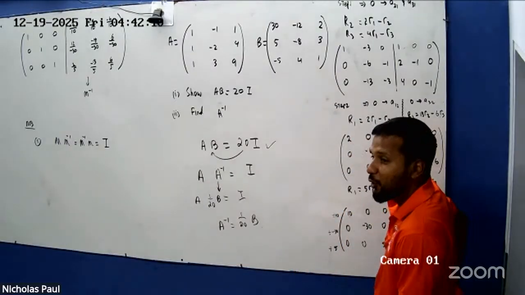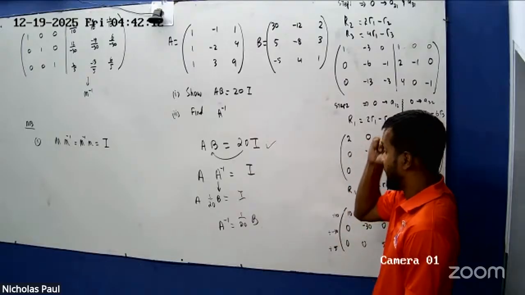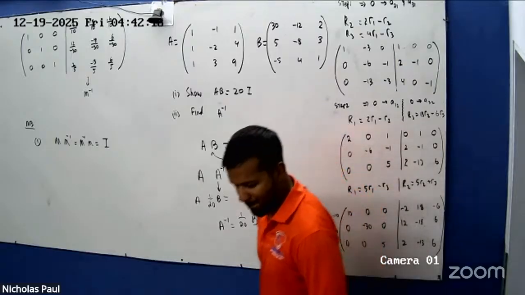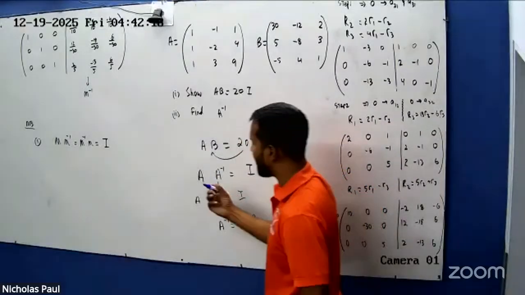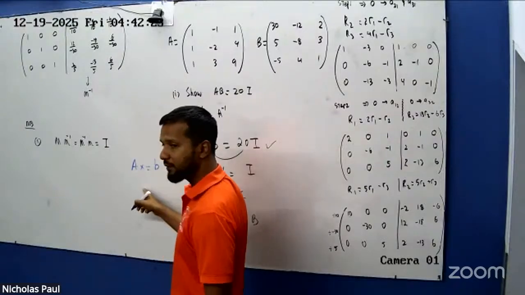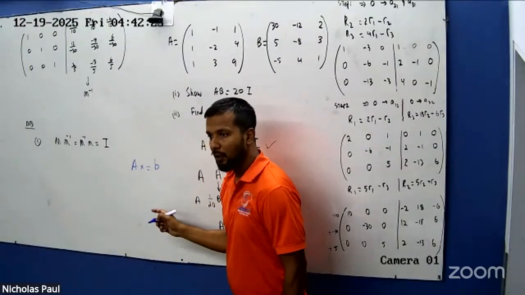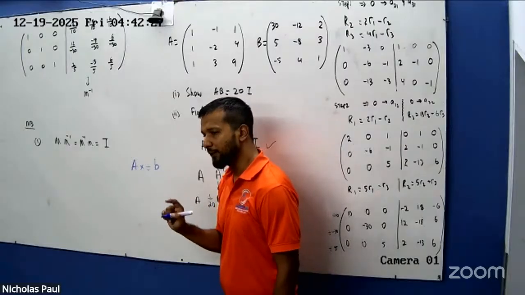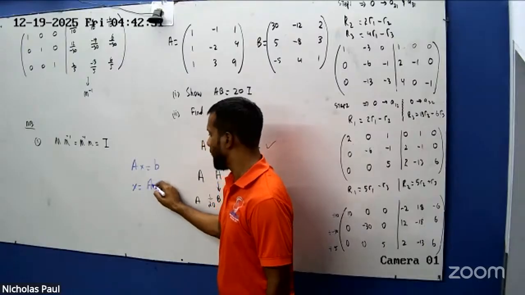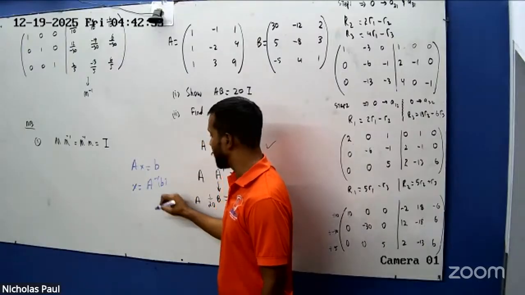Right? So that's the way you find the inverse. Last thing before we wrap up. Anybody remember how to solve this? If you have a 2 by 2 matrix and you write it like this, X is what? A inverse B, right?